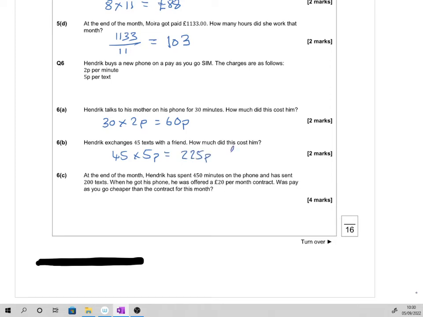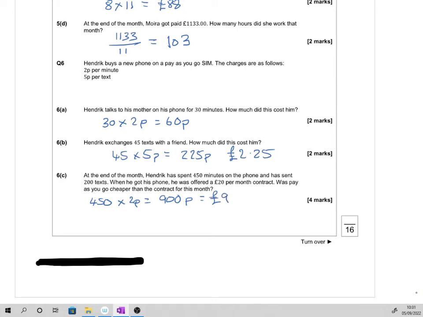225p, and I'll change that to pounds: £2.25. At the end of the month, Hendrik spends 450 minutes on the phone and has sent 200 texts. When he got his phone, he was offered a £20 a month contract. Was pay-as-you-go cheaper? So 450 times 2p, that's 900 pence, which equals £9.